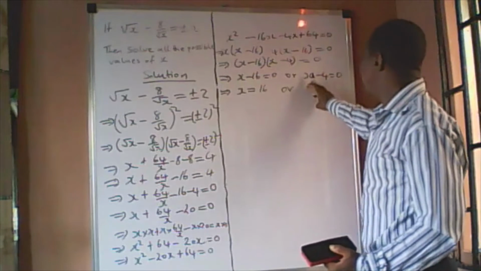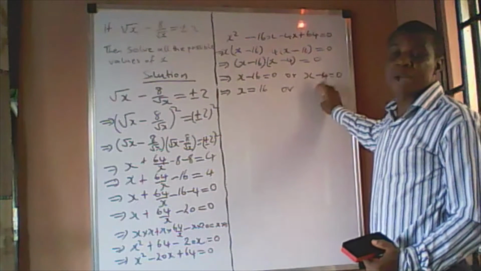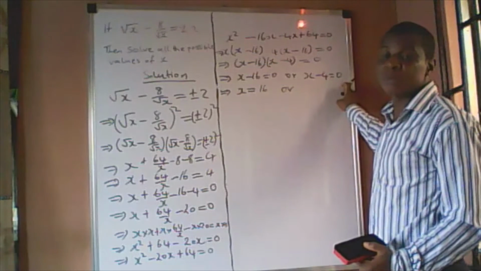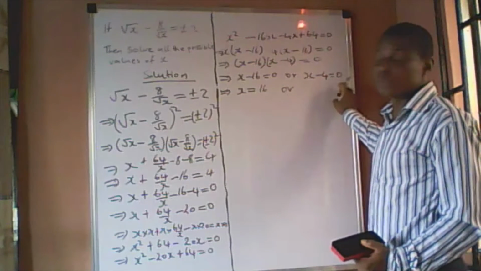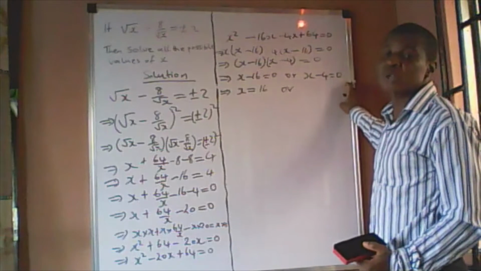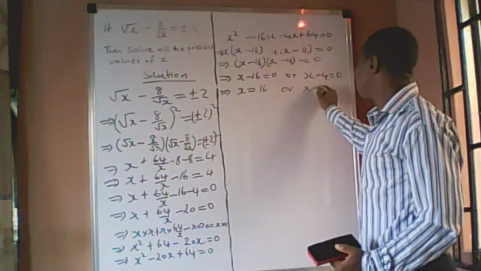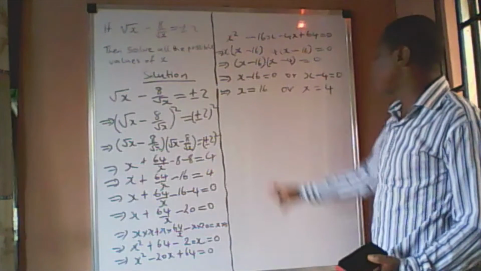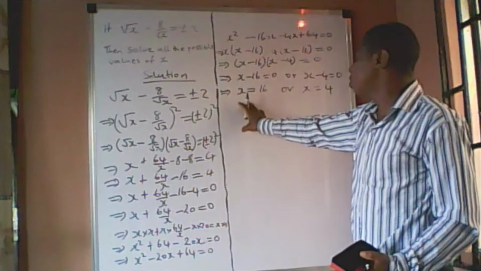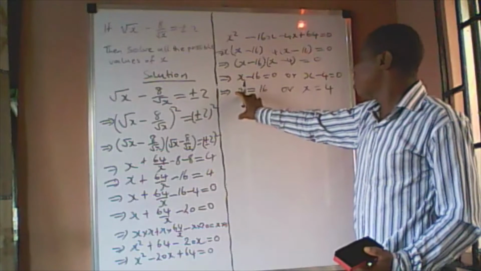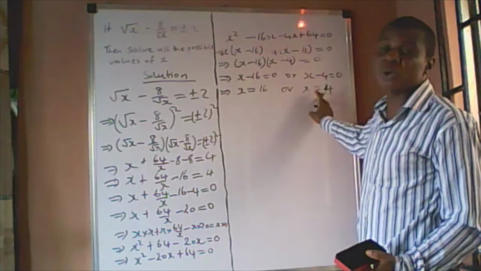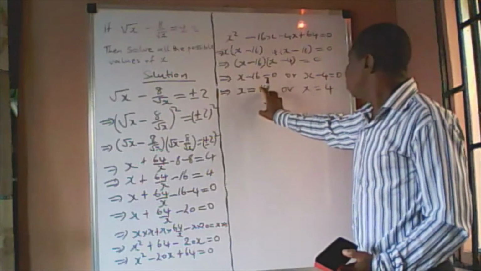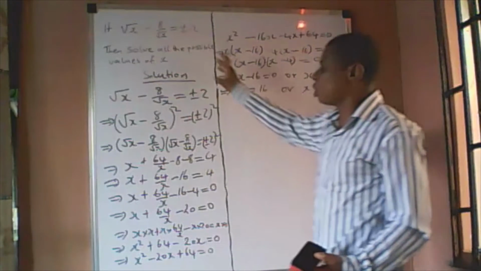Or, the same thing here, minus 4 crosses over to the right hand side and becomes plus. That means x is equal to plus 4. Now I have gotten the values of x, which is x equal to 16 or x equal to 4. Those are the two numbers that can satisfy this equation.